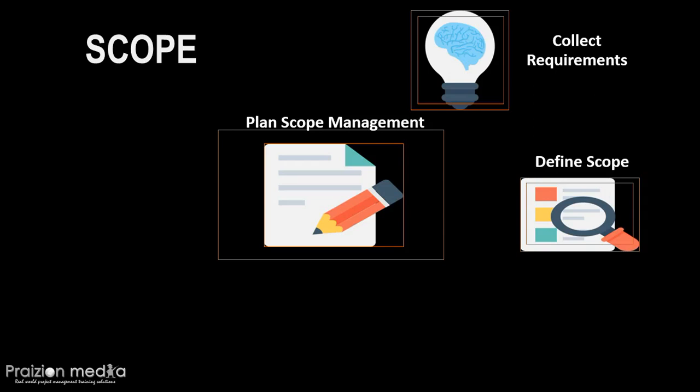The project scope statement, which is an output of define scope, is a document that encapsulates the inclusions, exclusions, constraints, and assumptions. In addition, it defines what exactly the deliverable should look like, what it should feel like.